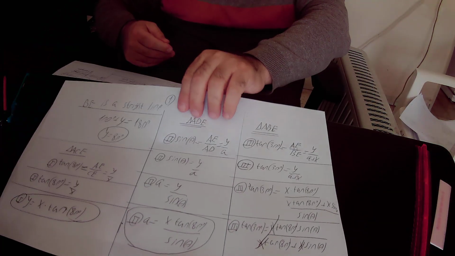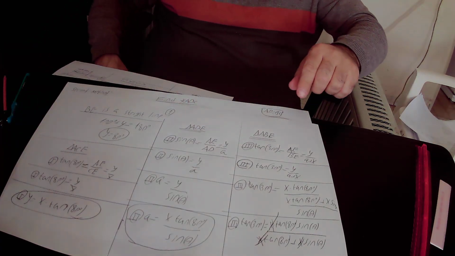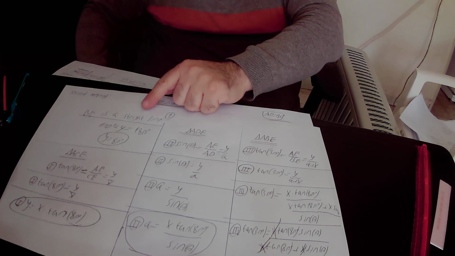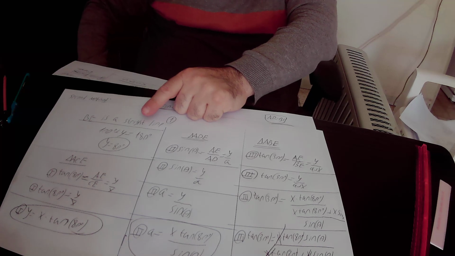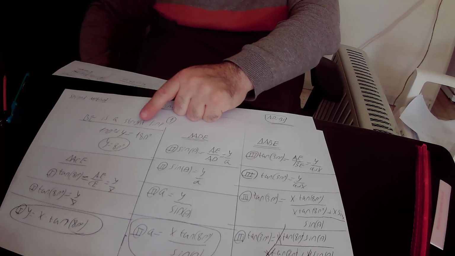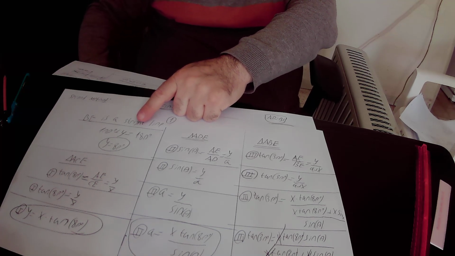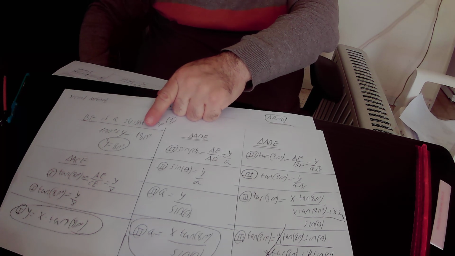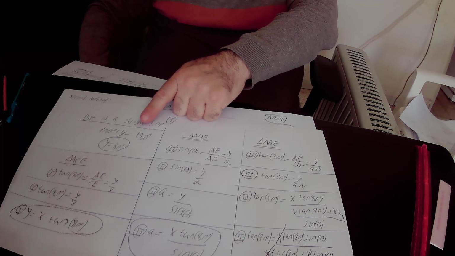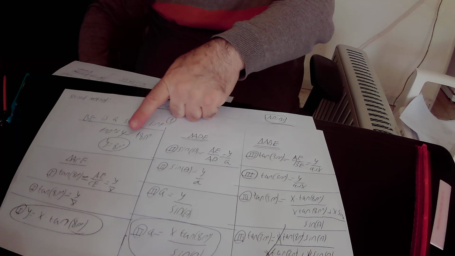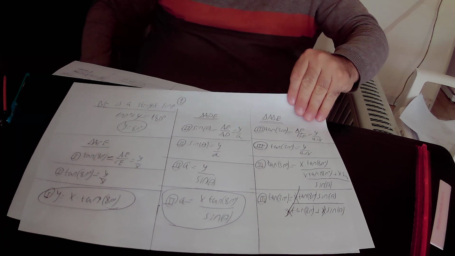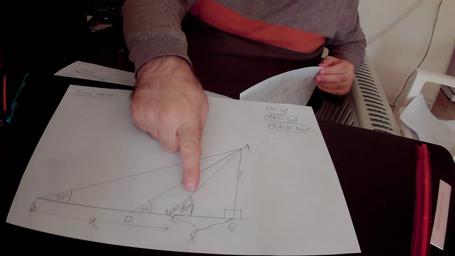We subtracted 100 degrees from this equation and we found out that angle y equals 180 degrees minus 100 degrees, which is 80 degrees. So we found out that angle y equals 80 degrees.